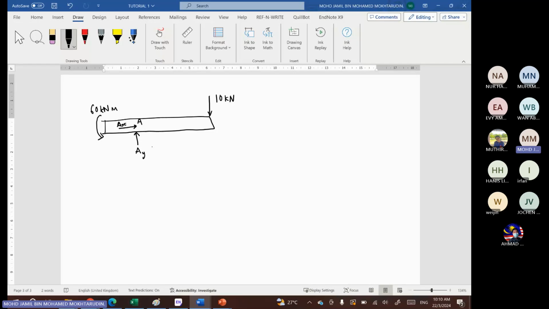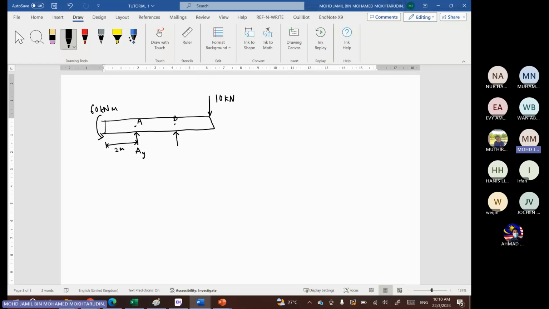Point A is 2 meter from the end of the beam. And then at point B, okay, sorry, there is no AX for point A because it's a roller support, and a roller support has no x direction reaction.